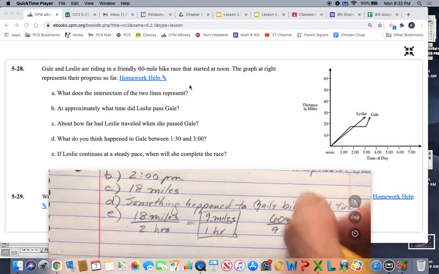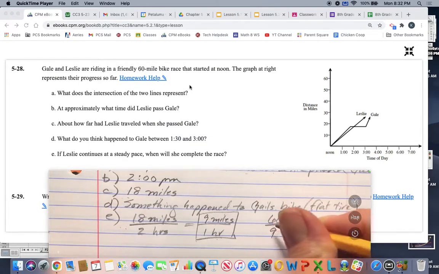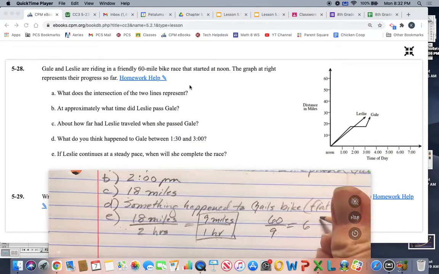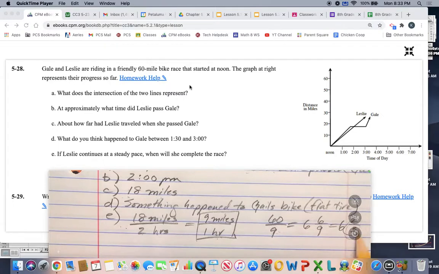So 60 divided by 9, let's see, we know it can go in at least 6 times, because 9 times 6 is 54. And then there would be 6 ninths left. So that's like 6 2/3. And 2/3 of an hour, let's see, if we divide an hour into thirds, that's 20 minutes for each third. So 2/3 would be 40 minutes.